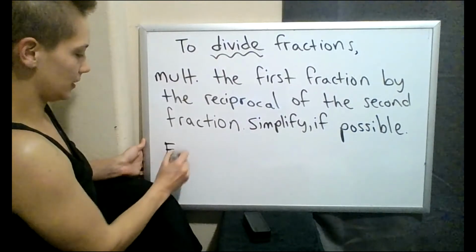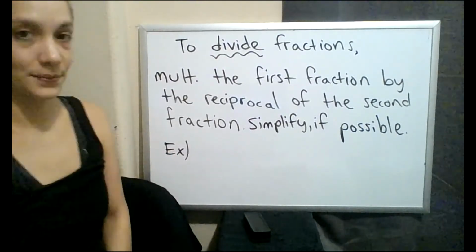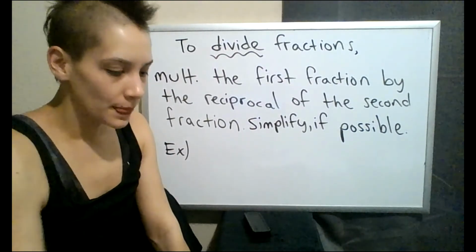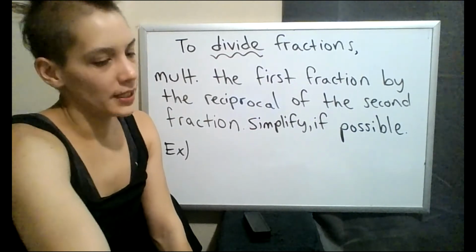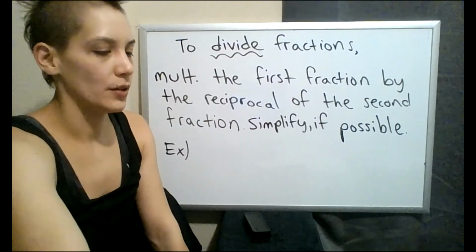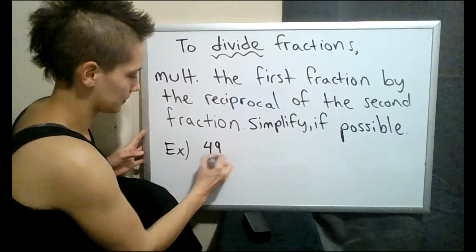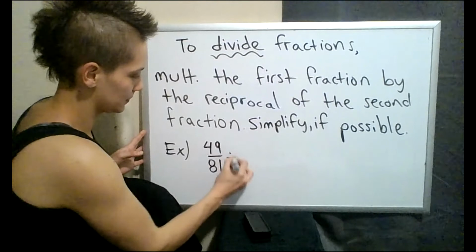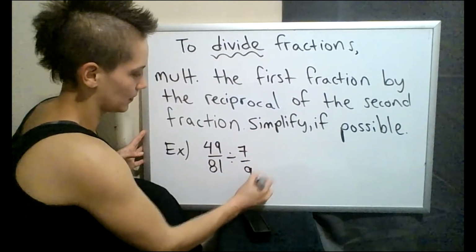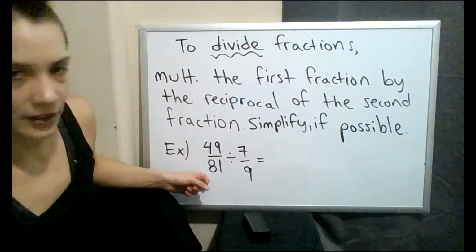Okay, now let's go here with 49/81 divided by 7/9. Okay, so the first fraction stays.